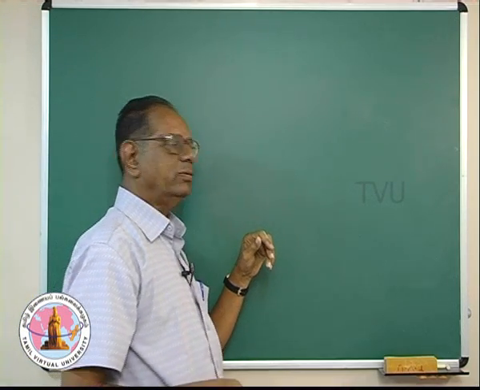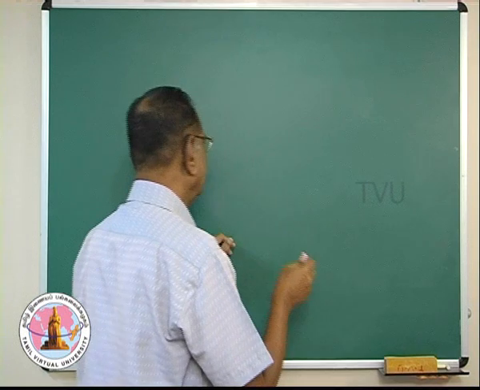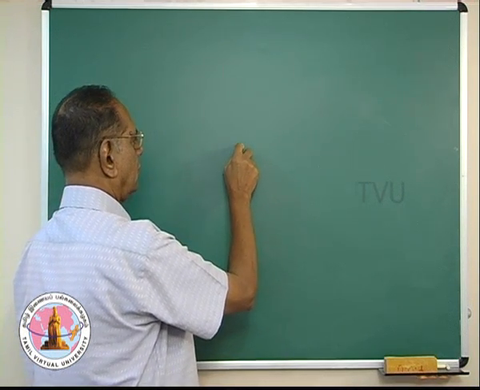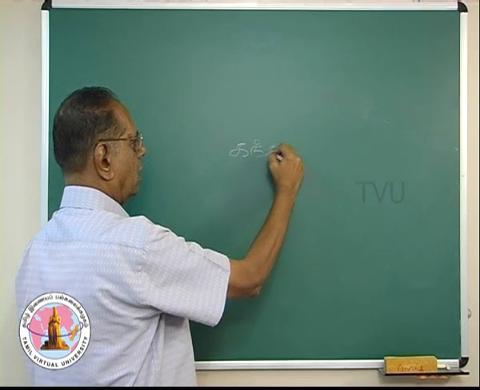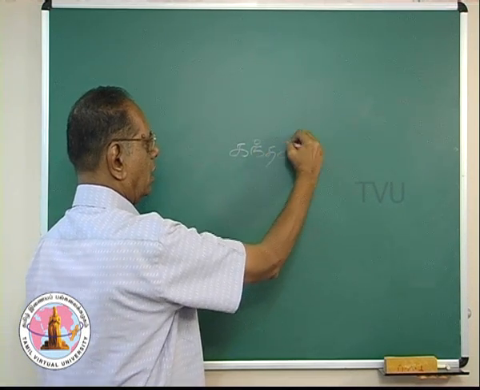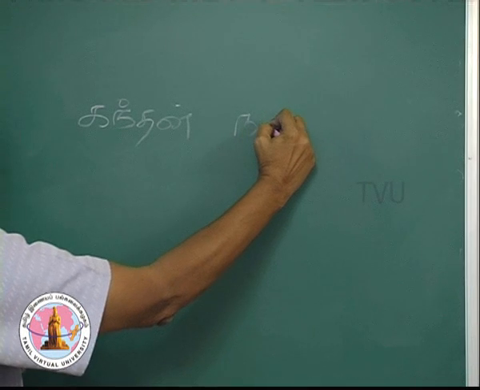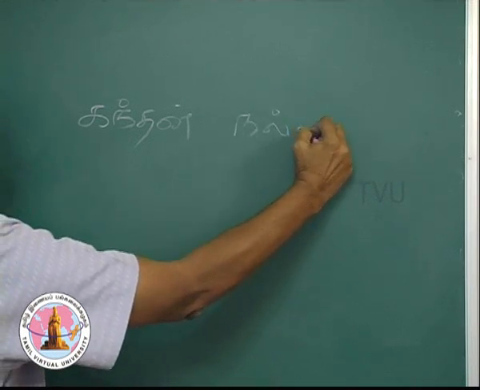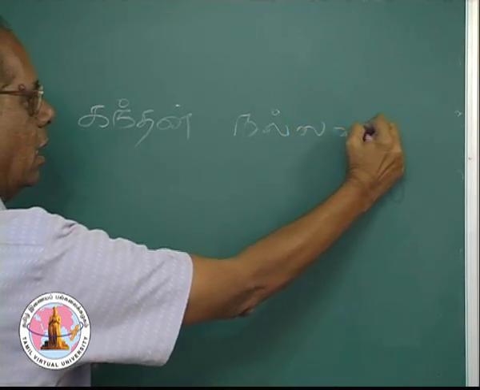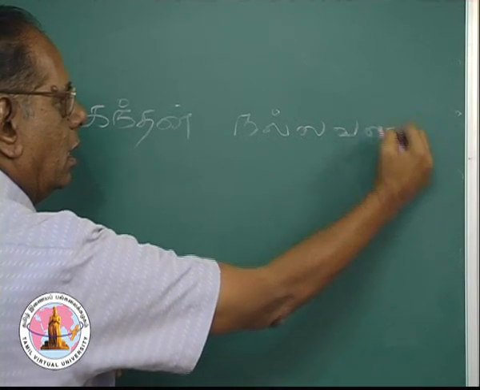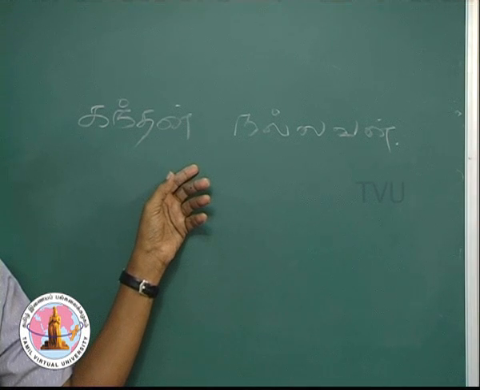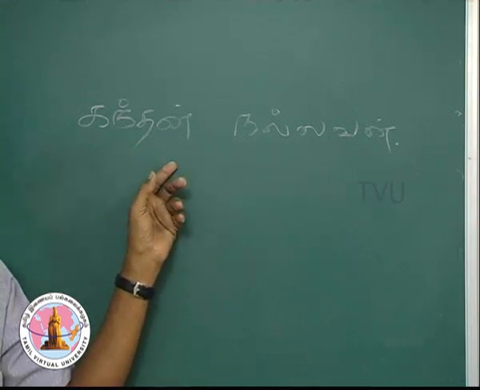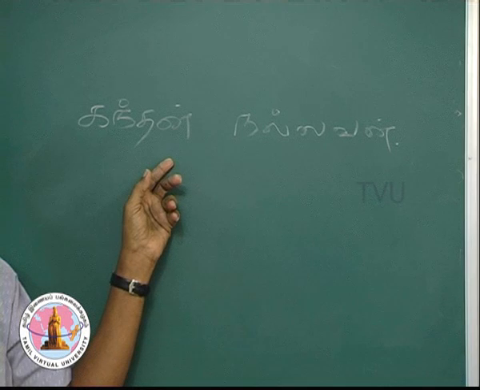So, we have sentences like this. Kandan, Kandan is the name of Murugan.